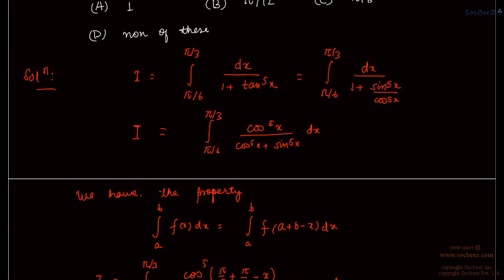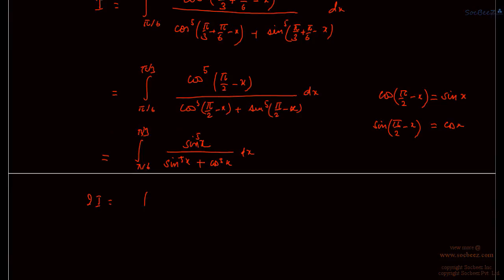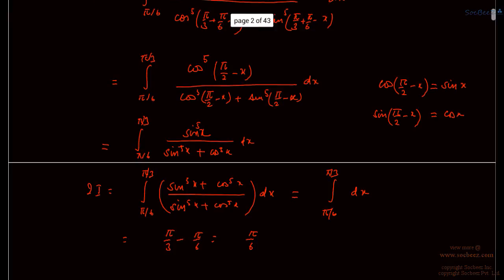So adding both, we can write 2I is equal to the integral from pi by 6 to pi by 3 of sin 5x plus cos 5x upon sin 5x plus cos 5x dx, which is equal to the integral from pi by 6 to pi by 3 of dx, or simply pi by 3 minus pi by 6, which is equal to pi by 6. So I is equal to pi by 12, right?